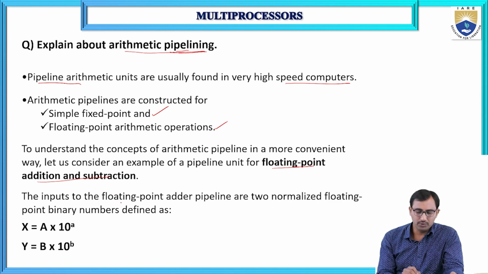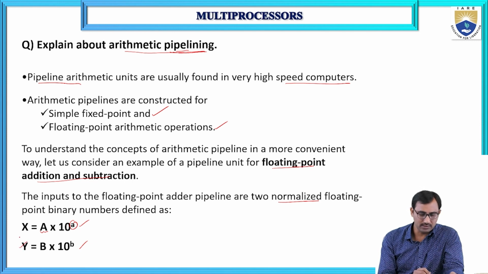The inputs to the adder pipeline are two normalized floating point binary numbers. Basically, a floating point number in scientific notation can be written as X = A × 10^a, where A is the mantissa and small a is the exponent.